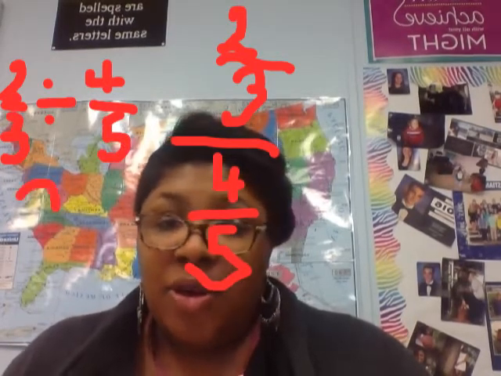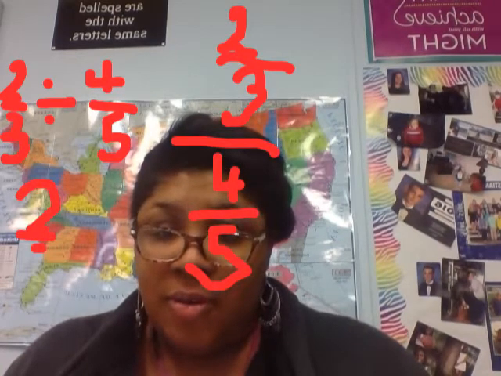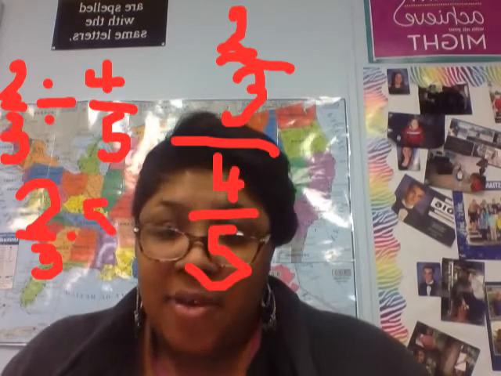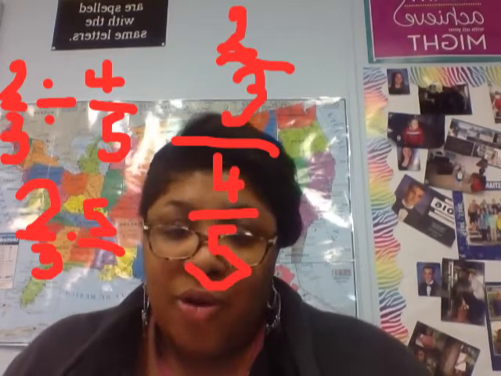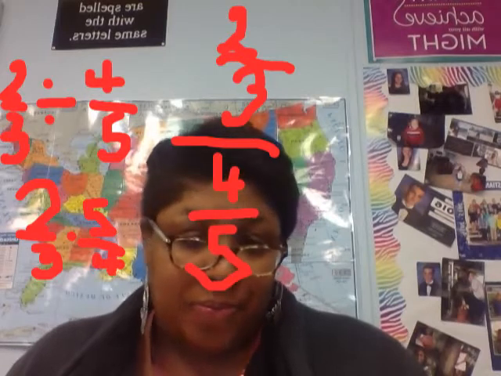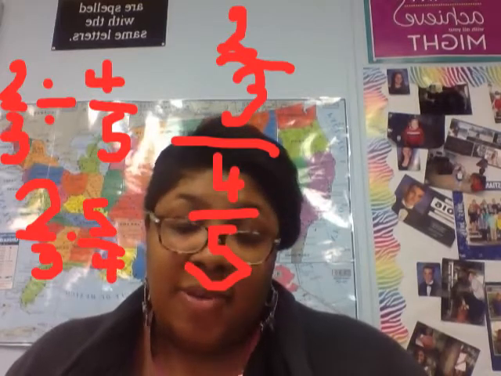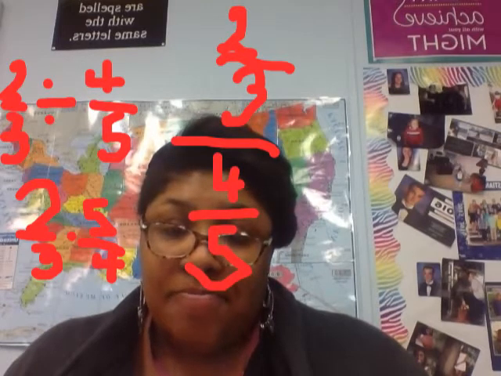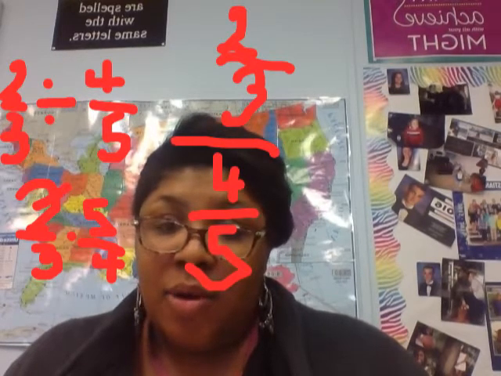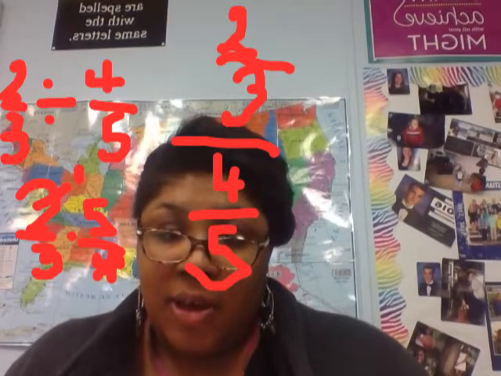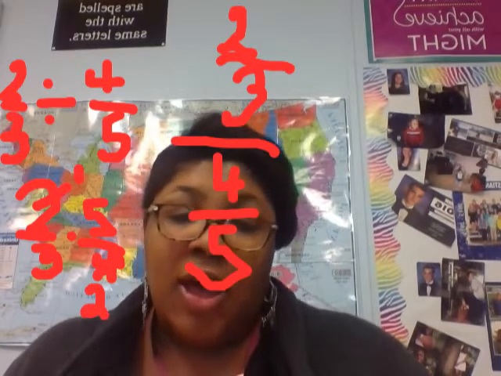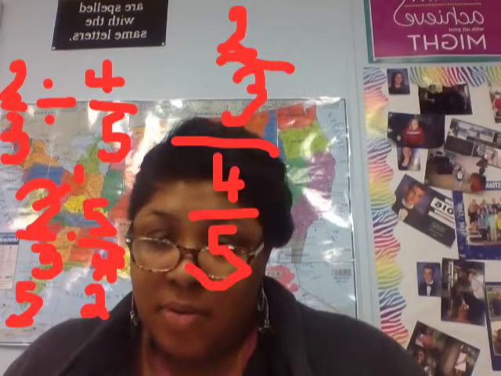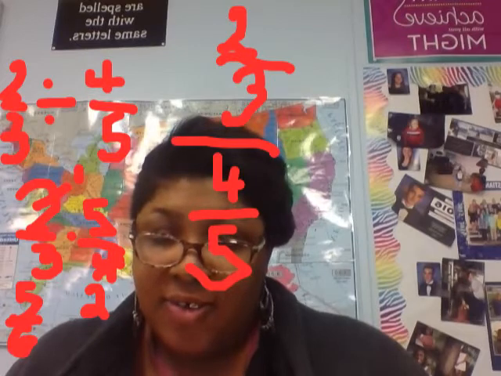Okay, so we normally would do 2/3 times 5 over 4, which we could simplify these two, because this would become 1, this would become 2, and so you would have 5 over 6.